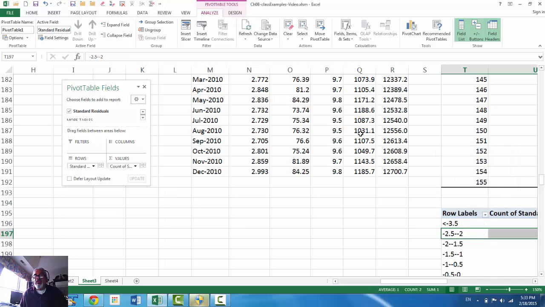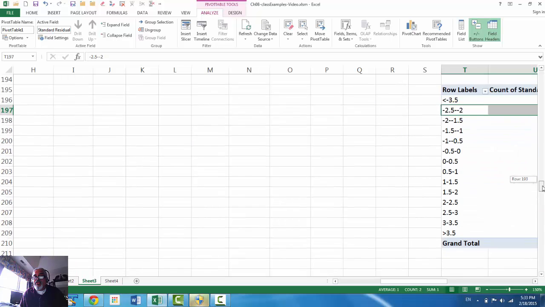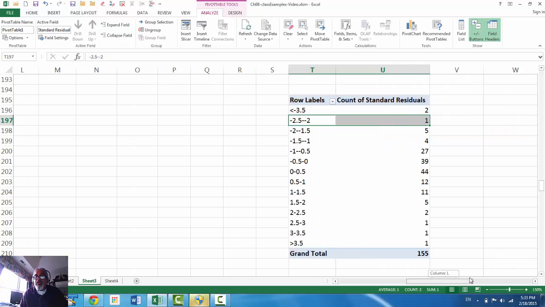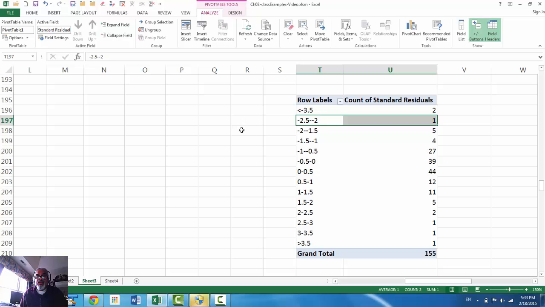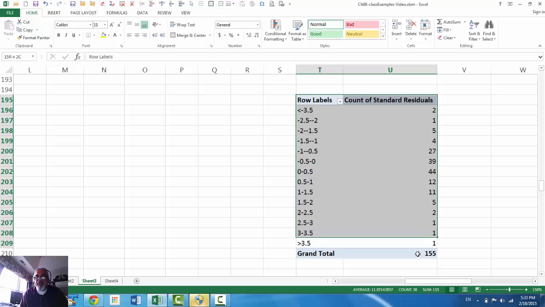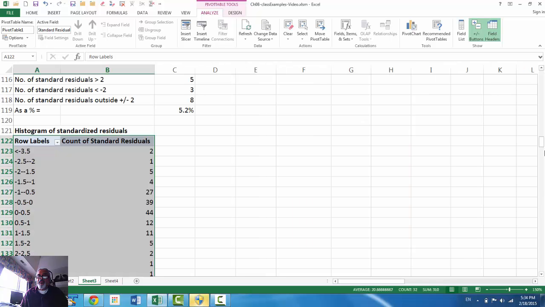So now we have our pivot table. Now let's move this pivot table to where we want it, right there.